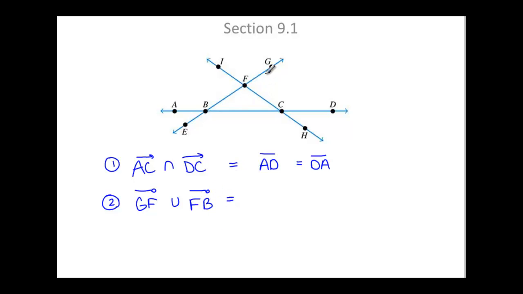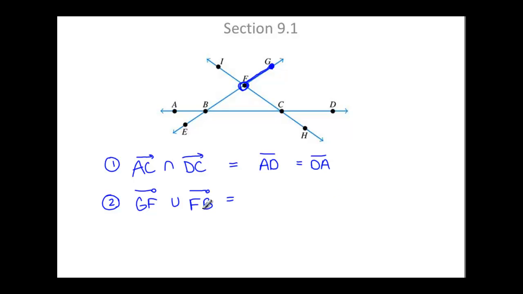So I'm going to do like I did in the first example, and I'm going to draw over the lines that were given here. So half open line segment GF includes G, all the points in between G and F, but we want to make sure that we have an open circle at F because F is not included.